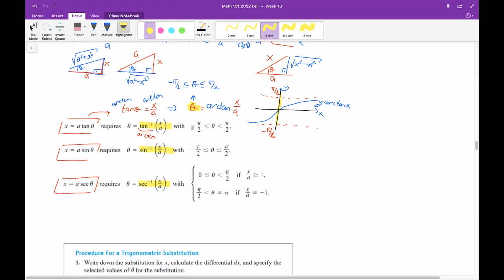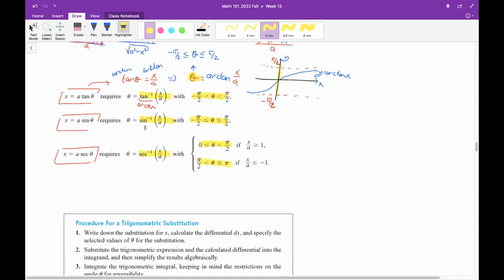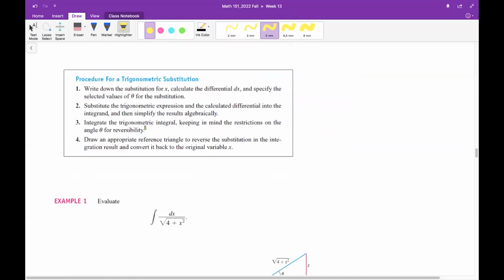We write all those restrictions on theta as theta being in the image of these inverse trigonometric functions. These are the important restrictions on theta to have a well-defined inverse trigonometric function in each case. After covering these restrictions and why they are important, we can start solving some examples.